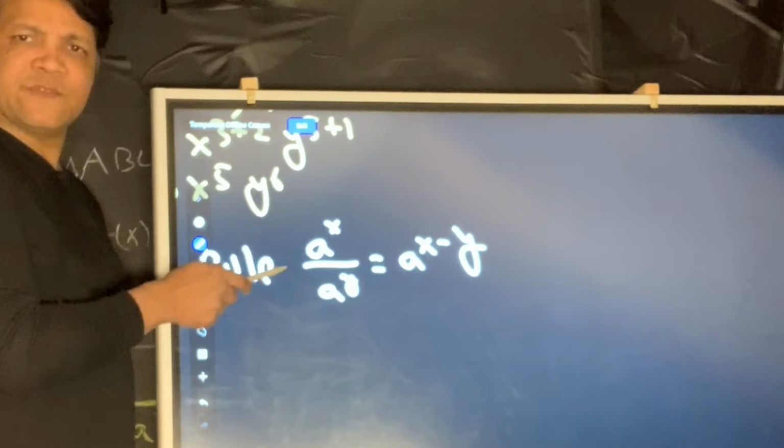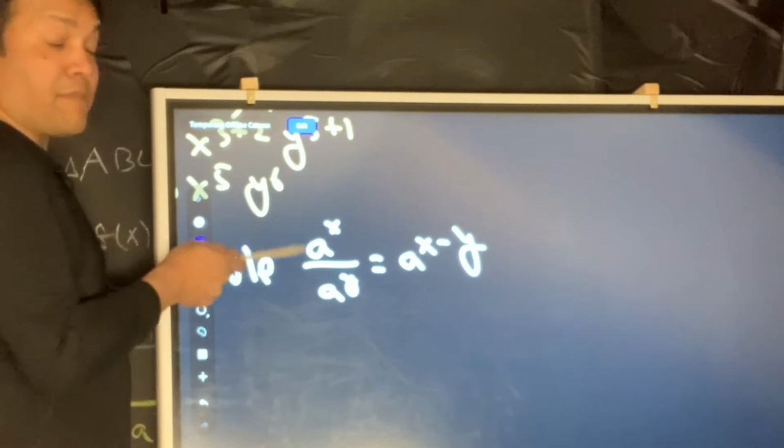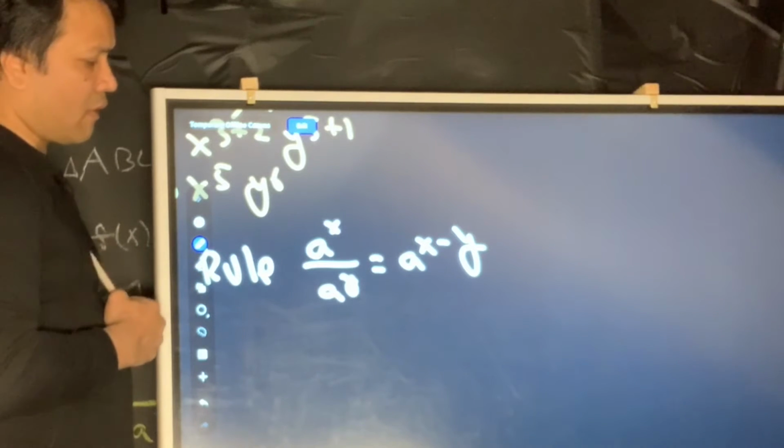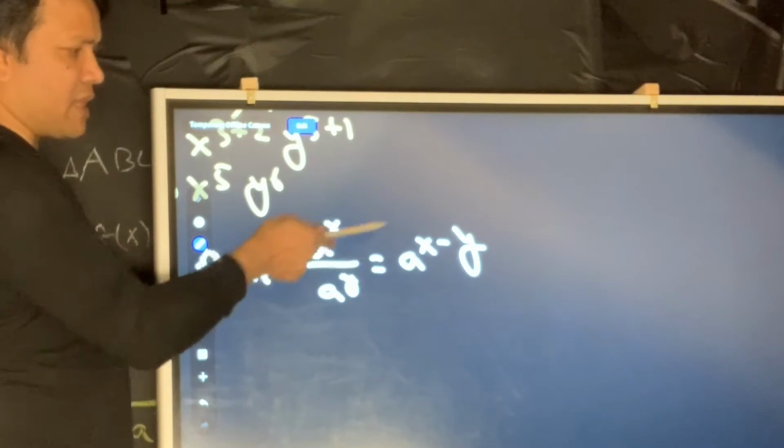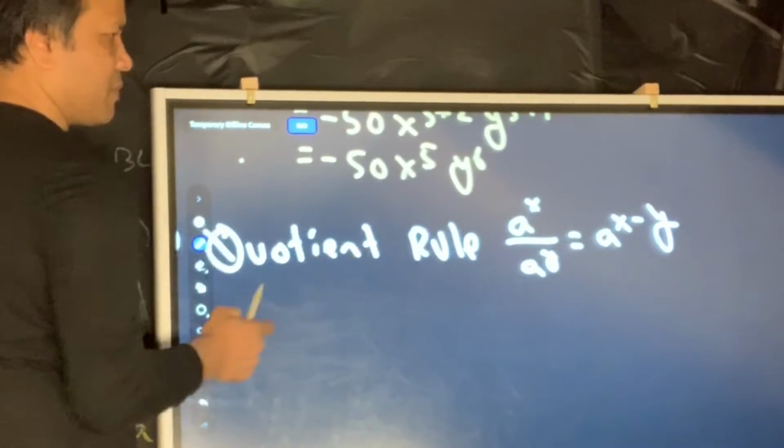If you have the same base, then you can bring up the difference of the exponents. Example.